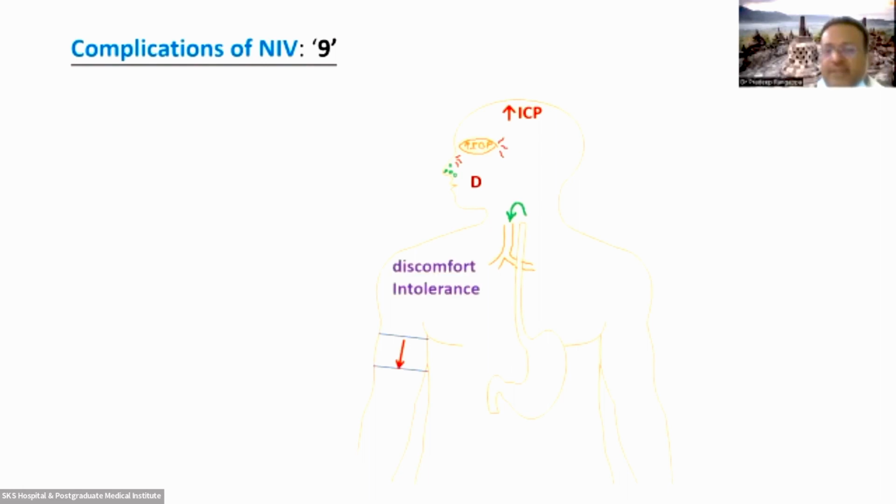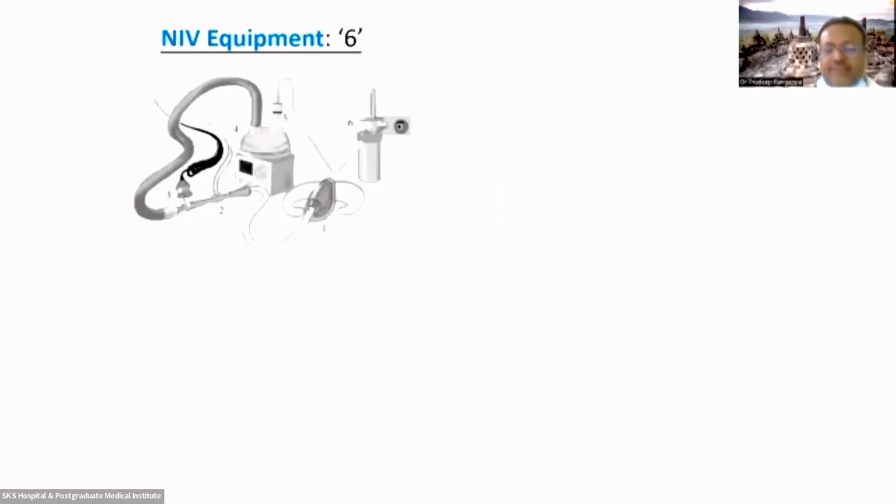So there will be discomfort or intolerance due to claustrophobia, and sometimes there can be a risk of aspiration. Because it's a positive pressure ventilation, if someone is low on volume status, it can cause hemodynamic instability with hypotension. There can also be gastric distension. So these are some of the complications one needs to keep in mind when you're using NIV in a COPD patient or for any patient for that matter.